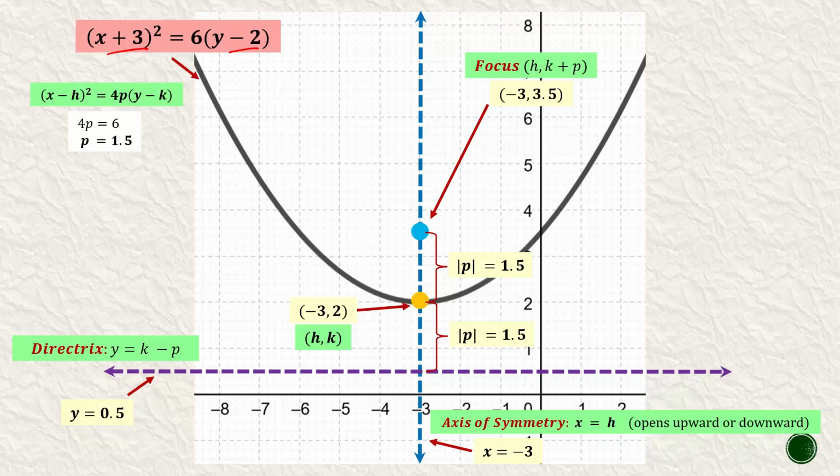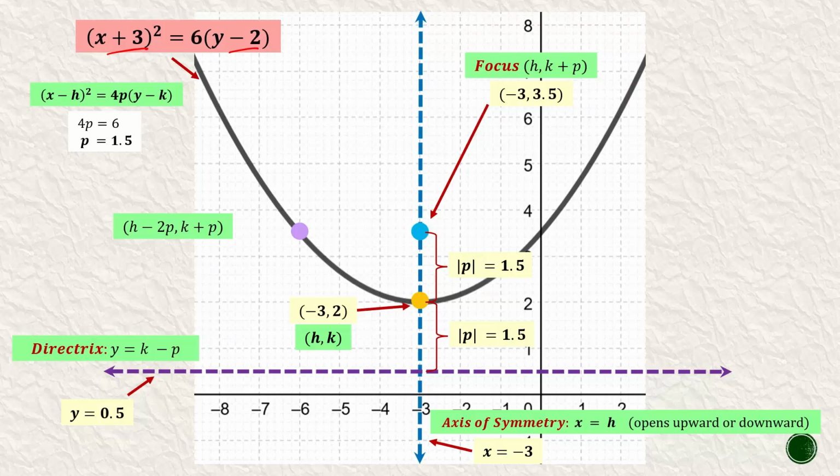Now let's locate the ends of our LR, or latus rectum. On the left side, we have this formula in order for us to find that endpoint. That's h minus 2p and k plus p. So h in this case is negative 3, right? It's negative 3 minus 2 times 1.5. So 2 times 1.5 is equal to 3.